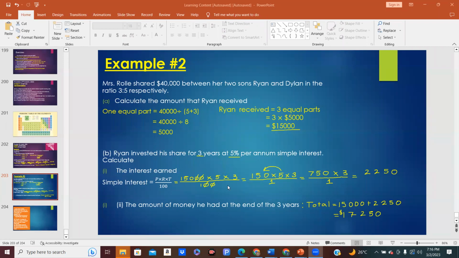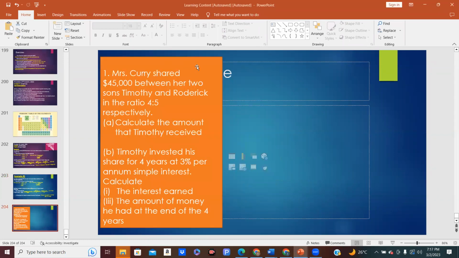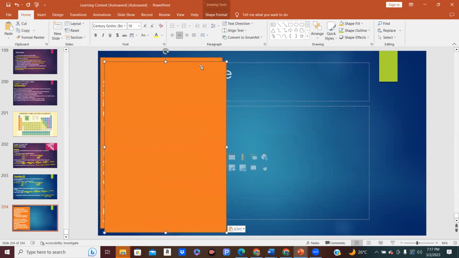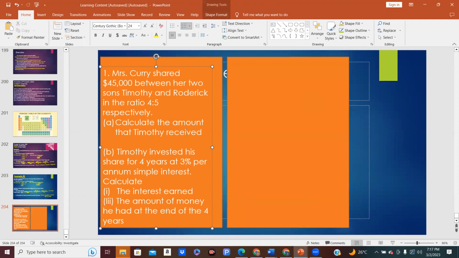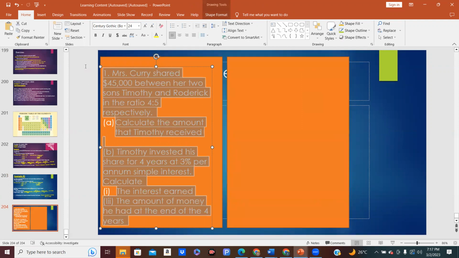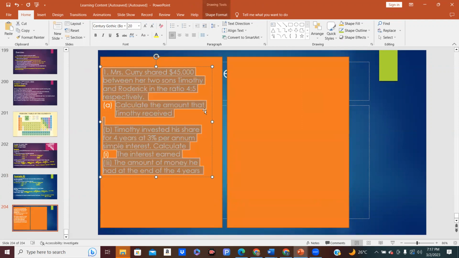All right, let's move on to the exercises for the day. This is exercise number 1. This is the first one. I can give you 3 of them. Oh, this is way too big, so let me reduce it a bit.